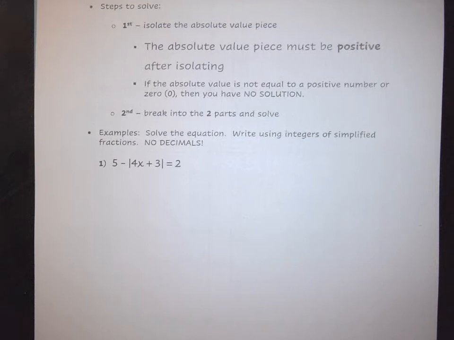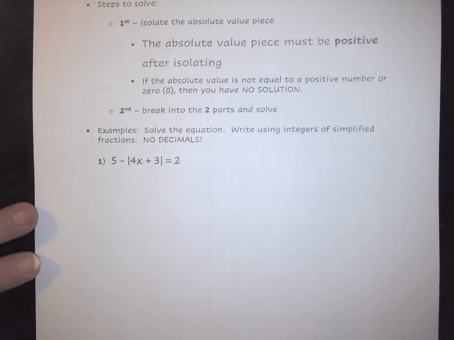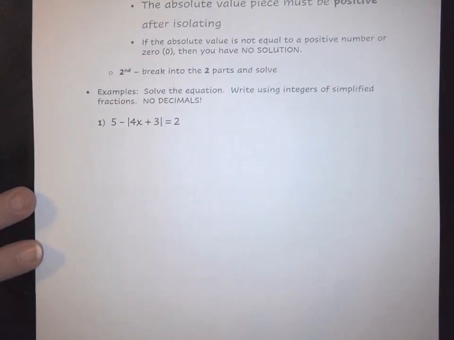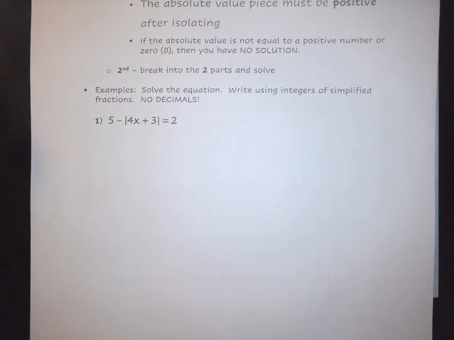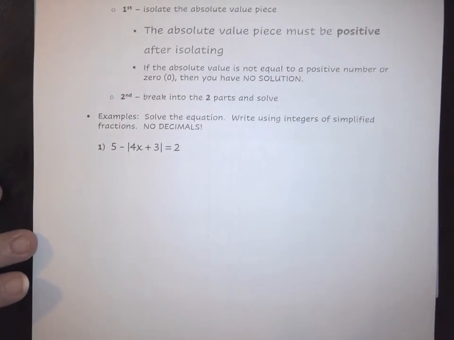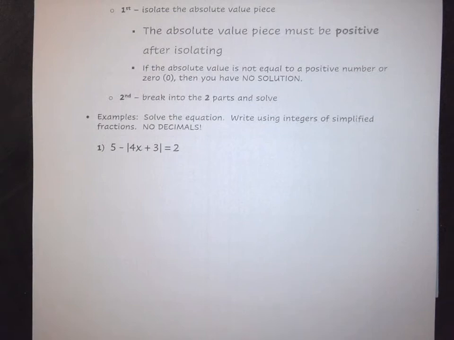I like to think of it like a candy bar. Most people peel open the candy bar before they eat the candy inside. The absolute value is the same. You have to peel it open before you can get to the stuff inside the bars.